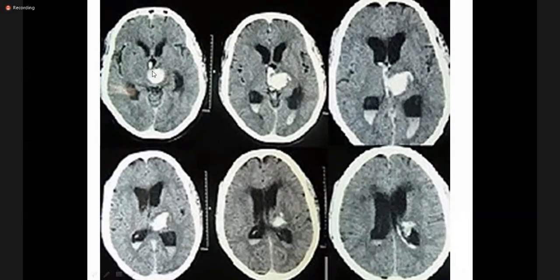That's why the third ventricle and lateral ventricles enlarge. There is also blood outside the ventricular system which is compressing the ventricular system. Sorry. This is hydrocephalus, enlargement of lateral ventricles. This is blood within the ventricular system which is causing the hydrocephalus.